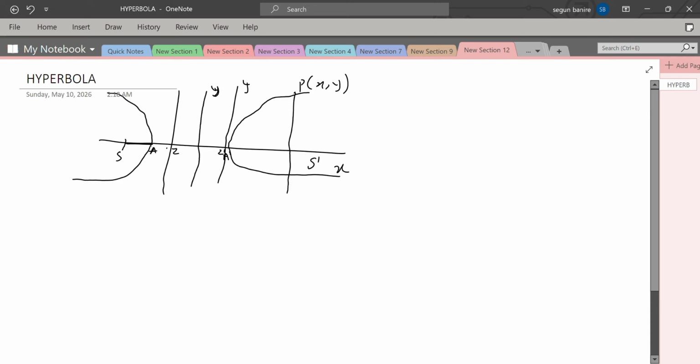Okay, so you have this line like this and goes to the directrix, and that is all. So what I want us to see is, this line here is your directrix. Okay, these two lines, they are your directrix, while these are your focus. So you have two focus, you also have two directrix.